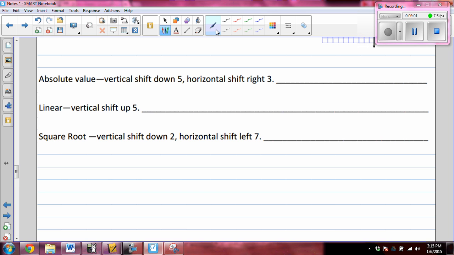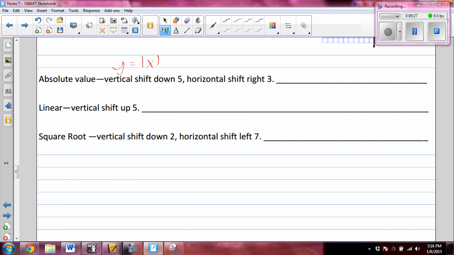Now the directions here are, I want you to tell me the equation. So first I have an absolute value with a vertical shift down 5 and a horizontal shift right 3. So it tells me my parent function is an absolute value. So that's going to be y equals the absolute value of x.